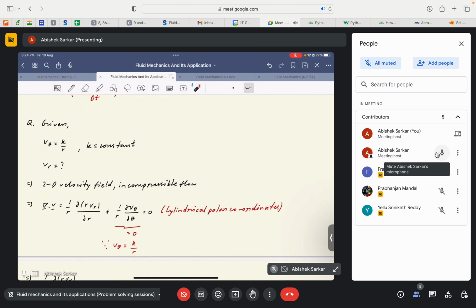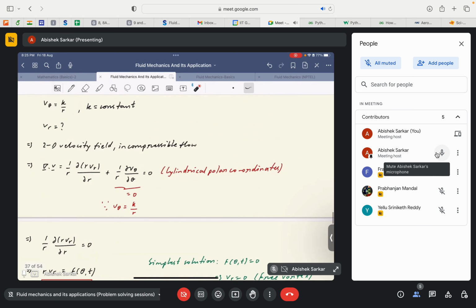See here again, theta and r, so you can clearly see that this is not a Cartesian coordinate system. Since we are dealing with theta and r, we are essentially in the domain of the cylindrical coordinate system. We are given that the flow is 2D, which means we have two velocity components, and it is an incompressible flow.